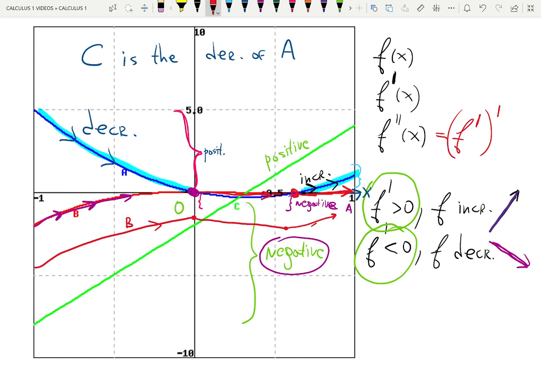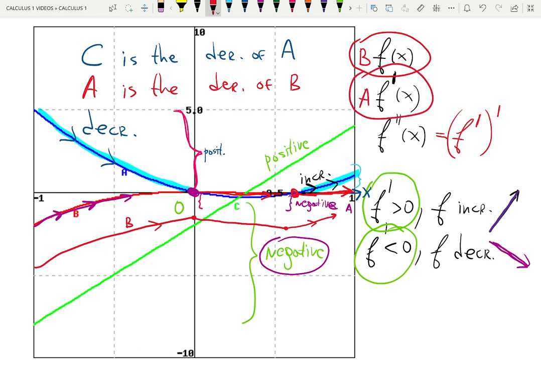I'm talking about B. Thus, A is the derivative of B. So the order of the functions was like so. B was the original function, A was its first derivative, and C was its second derivative. It also makes sense from the point of view that if you take the derivative of polynomials, they become flatter and flatter.